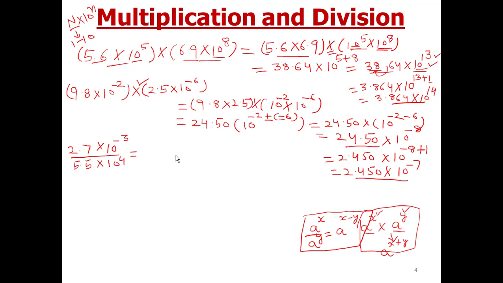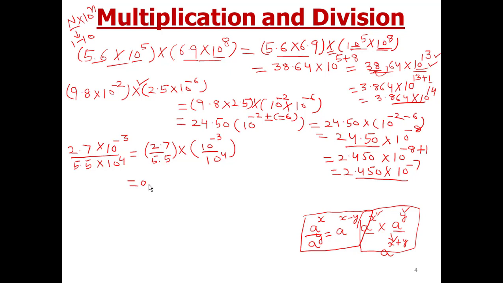The first group is 2.7 divided by 5.5. The second is multiplied by 10 raised to the power minus 3 divided by 10 raised to the power 4.